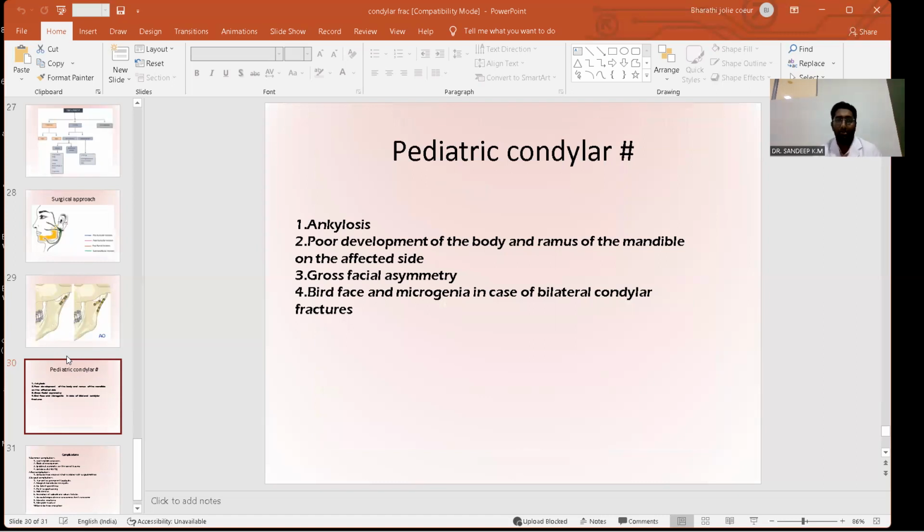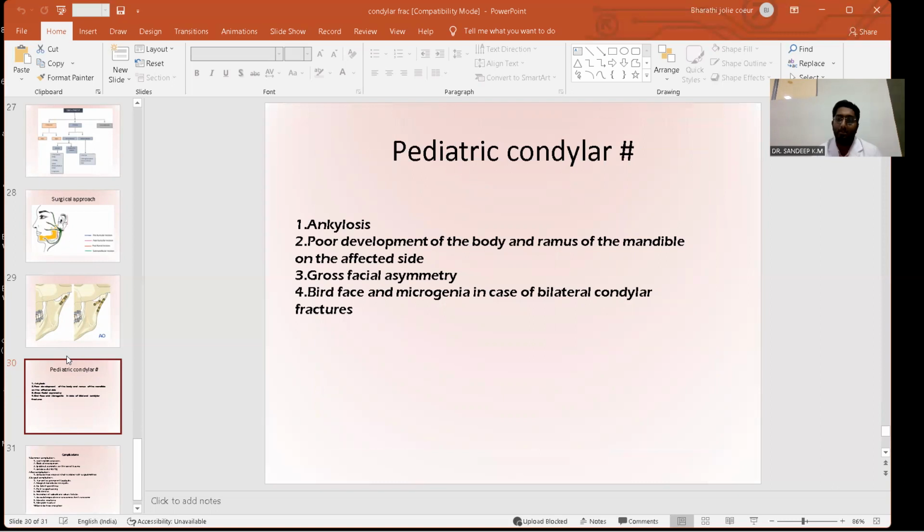Now, the problem with pediatric condylar fracture is that children have growth potential. In kids, they will have a thick condylar neck, so the condylar neck or the condylar head will be fractured.